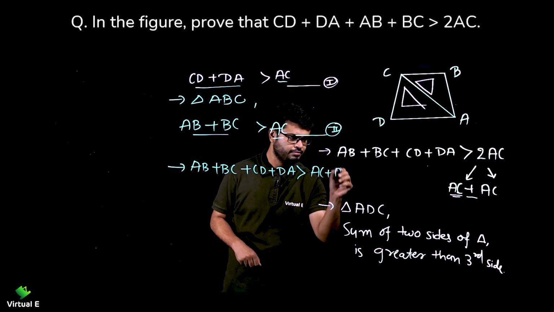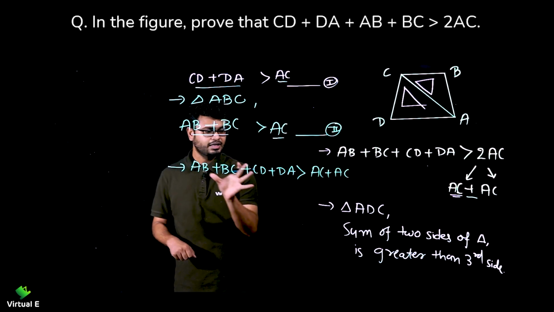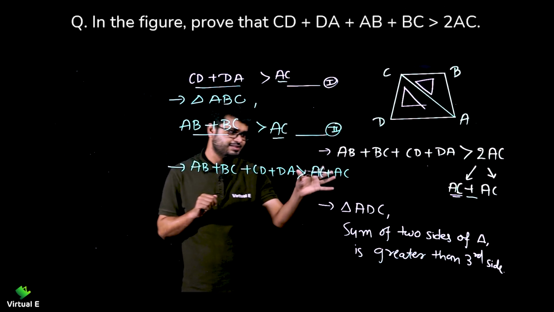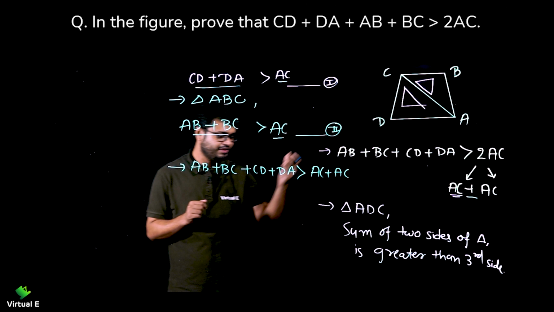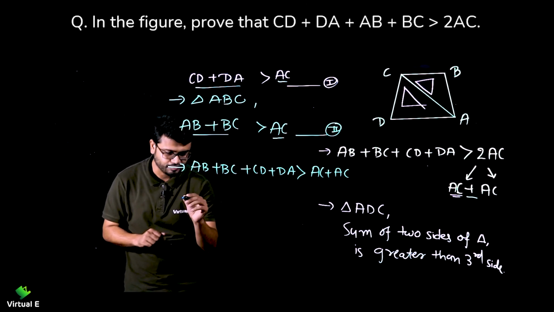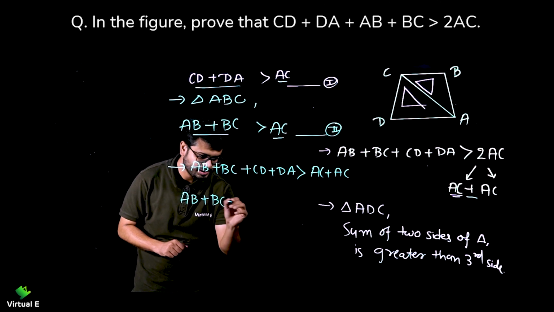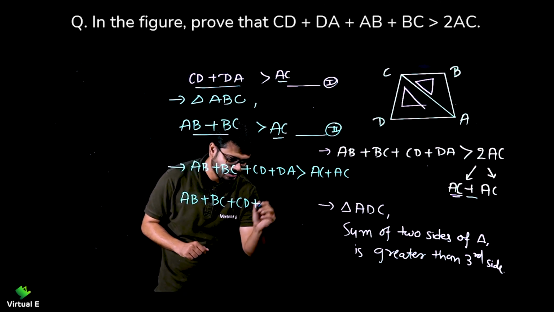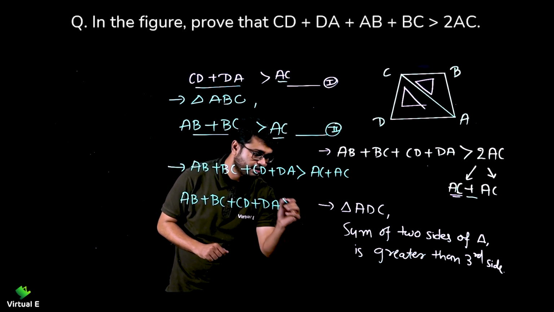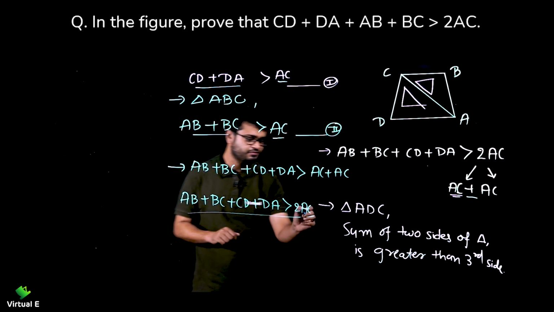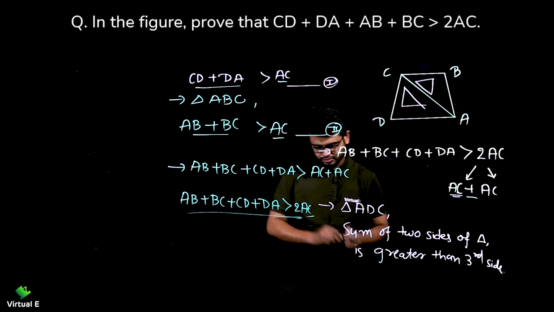Now we cannot simplify anything on the LHS, but on the RHS we can write twice AC. So we got the result that we wanted to prove. AB plus BC plus CD plus DA is greater than twice AC, right? So we are done.